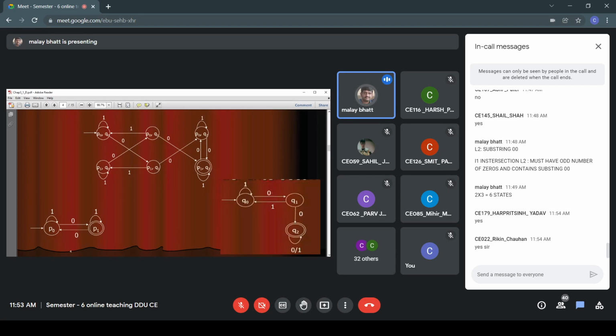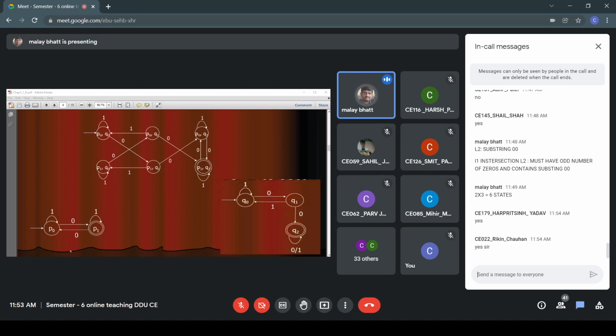P1 Q2 on input 1 goes to P1 Q2 itself, and P1 Q2 on input 0 goes to P0 Q2. So this is how we get the complete diagram.